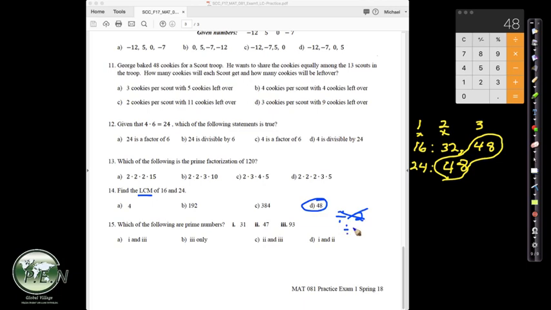What's the divisibility rule for 3? It's when we add the digits together, and if that number is divisible by 3, then so is the original. So 3 plus 1 is 4.